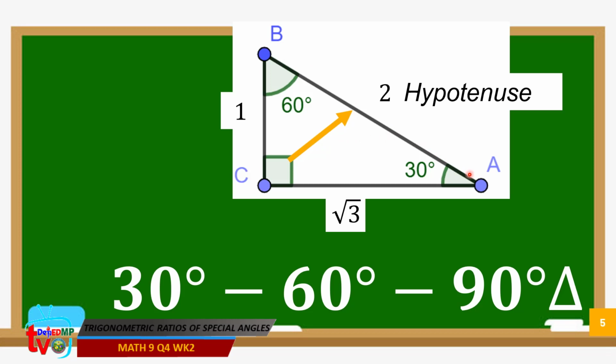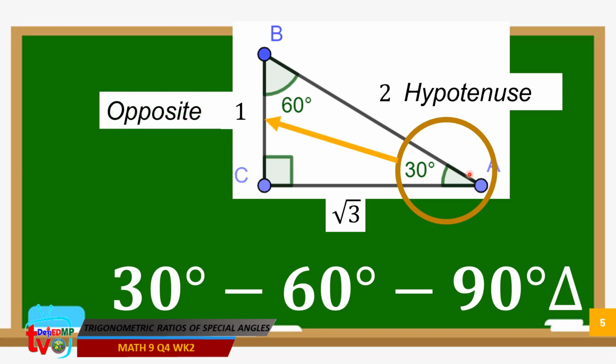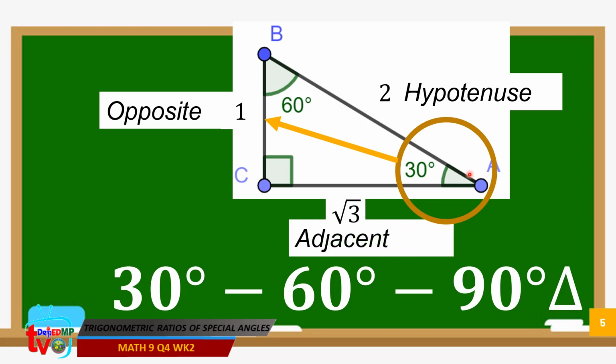Now, let us encircle our reference angle, 30 degrees. Can you tell me where the opposite side is? Yes, you're right again. Our opposite side is line segment BC. And of course, the third side is our adjacent side since it lies beside our reference angle.